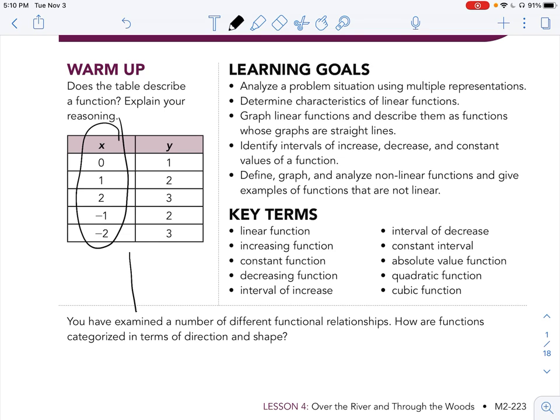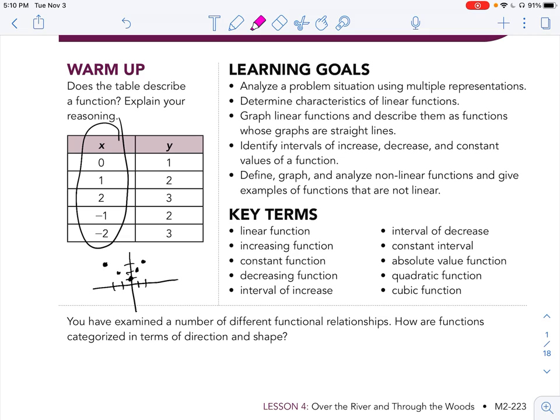We could also draw this: 0, 1, and then 1, 2, and then 2, 3, and then negative 1, 2, and negative 2, 3. And if I was to draw vertical lines, there would not be a vertical line that went through those.